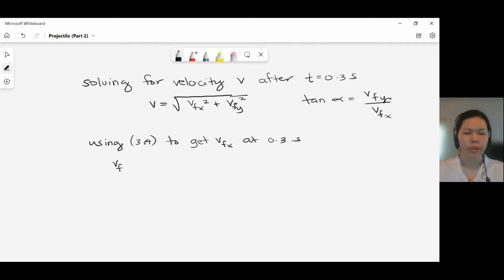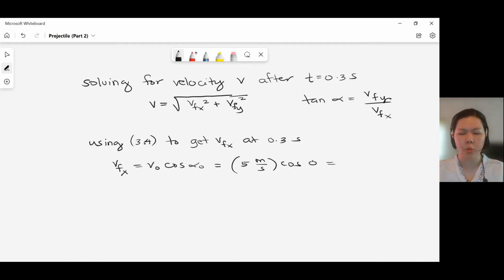So equation 3.4 is vfx is equal to v naught cosine alpha naught. So substitute the given v naught is 5 meters per second times our alpha naught is 0. Cosine 0 is 1. So the answer is 5 meters per second.